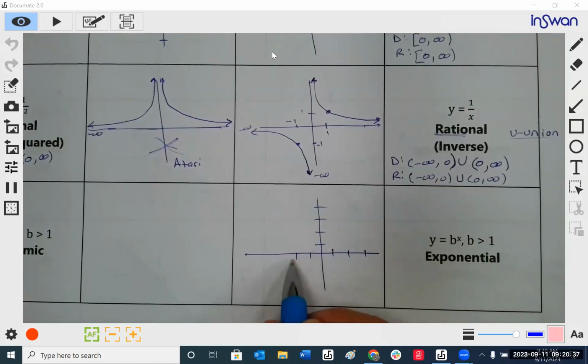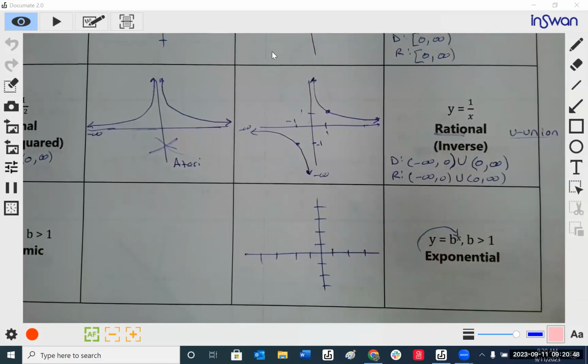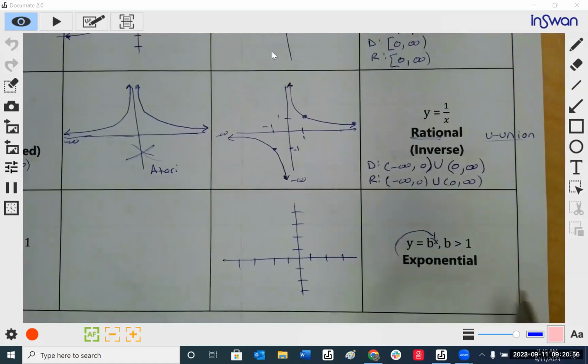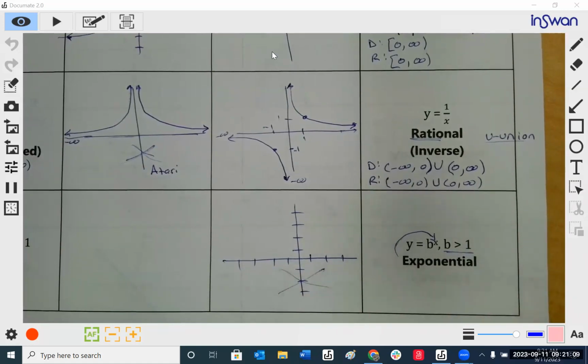Now we have the exponential functions. Exponentials is where the x is the exponent. Up until now, we've always had x raised to a number. These are exponential functions, and b has to be greater than 1. B can only be positive, greater than 1. Which means we'll never have a negative answer with these. Well, unless there's a negative in front, but by itself, never.